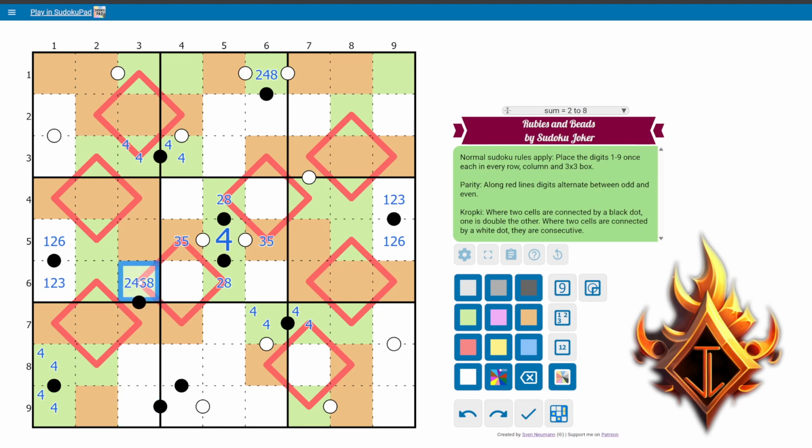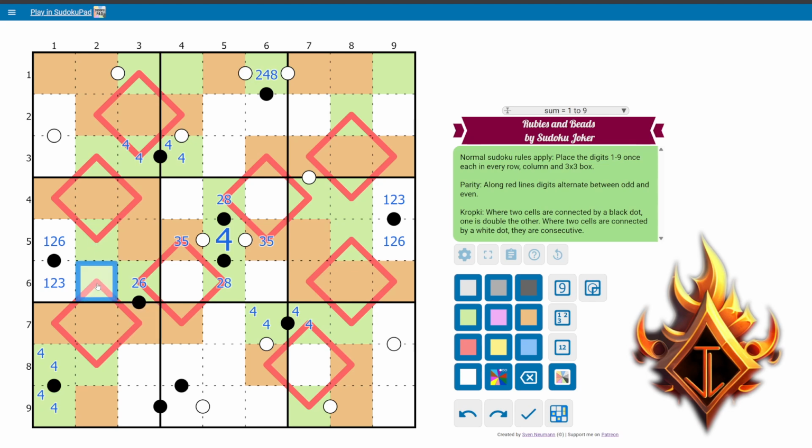This cannot be 4 now, because that would be 4, and we know 4 has to go there. Oh, well, this can't be 8 either, because this one has to be odd, so that couldn't have been 4 anyway.